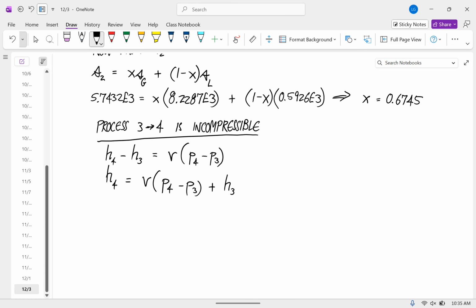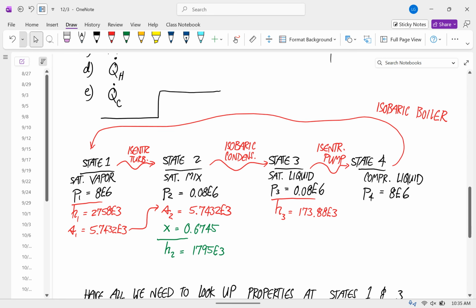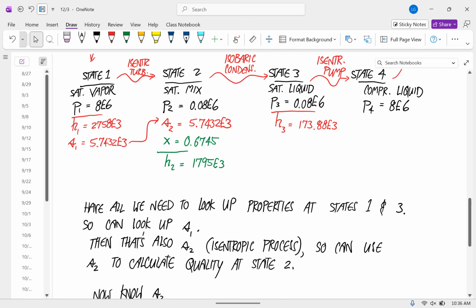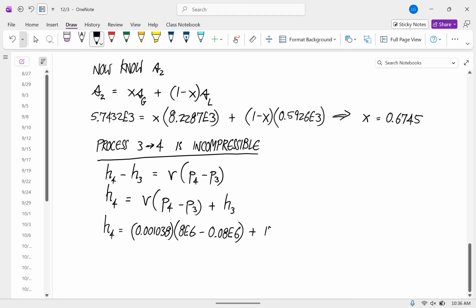So now we can calculate H4 is equal to 0.001038 times the pressure at state 4, which is 8 times 10 to the 6, minus the pressure at state 3, which is 0.08 times 10 to the 6, plus the specific enthalpy at state 3, 173.88 times 10 to the 3rd.